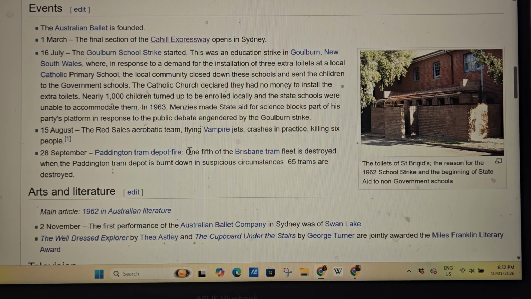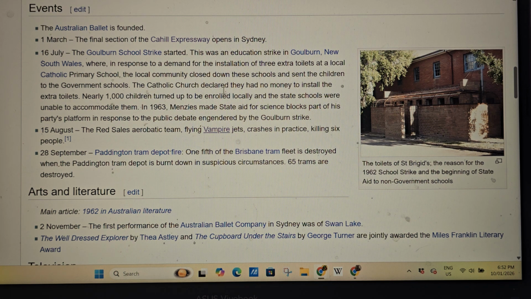Okay, aerobatic Vampire jets, old type of jet. Goldman school strikes. Okay, it was an education strike in New South Wales, where in response to demand for the installation of extra toilets at a local Catholic primary school, the local community closed down these schools and sent the children to the government schools.